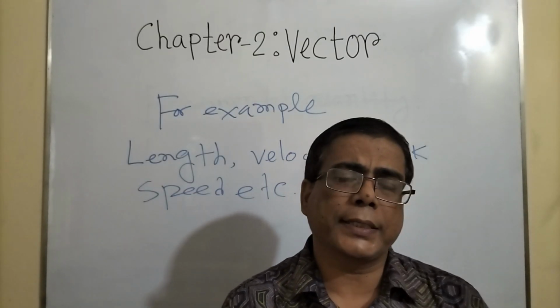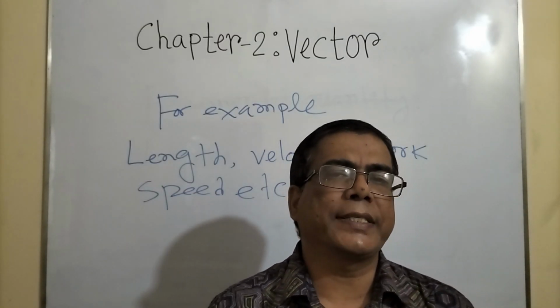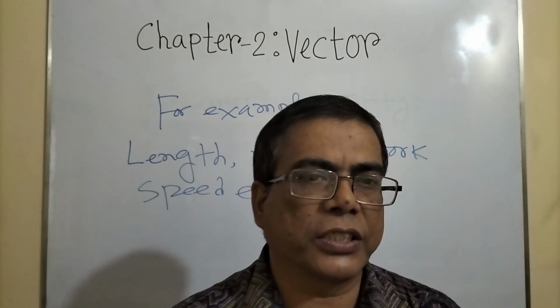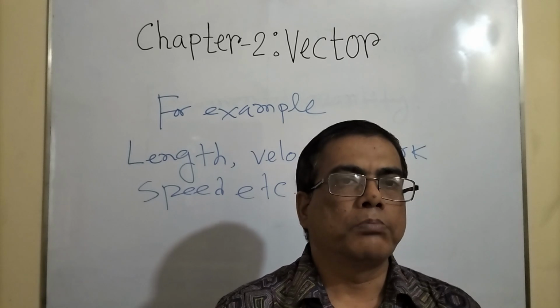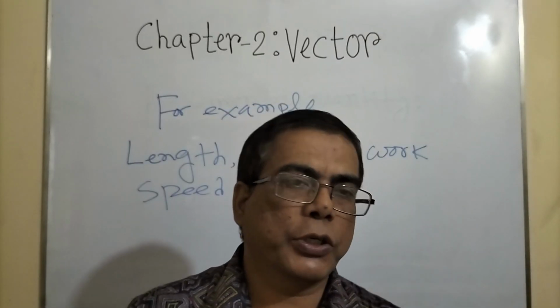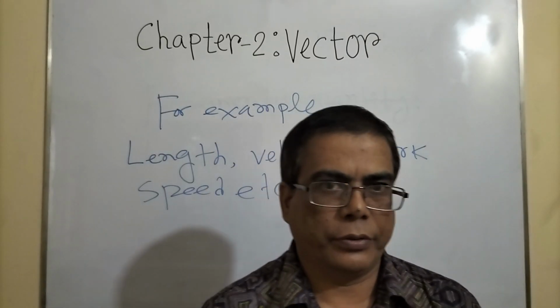According to the structure, the physical quantities are classified into two types, into two categories. Number one, fundamental quantities. Number two, derived quantities.